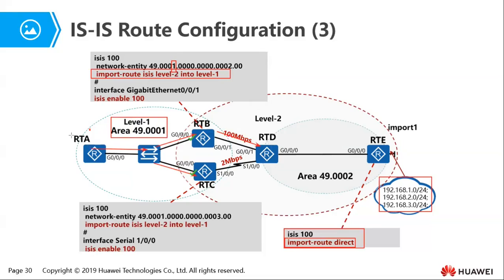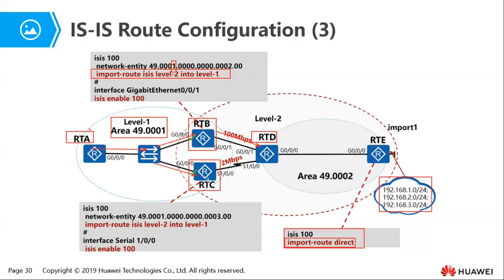By doing that, RTA can calculate the total cost from RTA to RTD, and therefore it knows that when it uses RTB, the cost is better than when it uses RTC, so it's not going to use this suboptimal path.